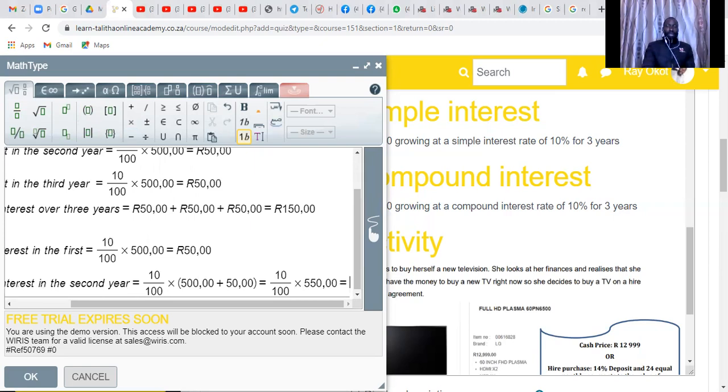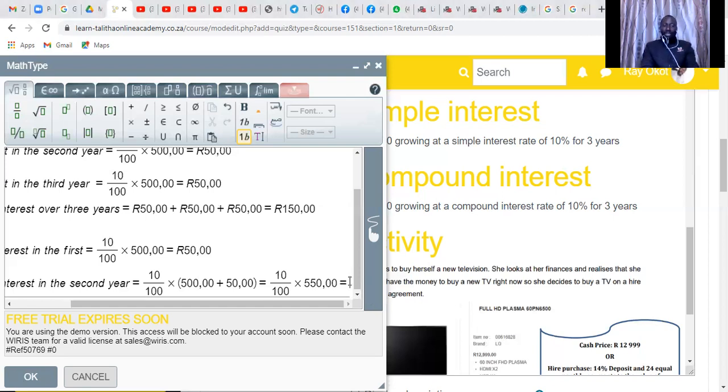Well, using our calculator, what do we get for that? It is going to be 10% of 550. Let's see this. This is going to be 55.